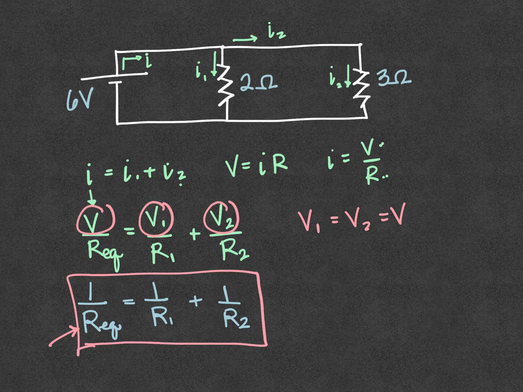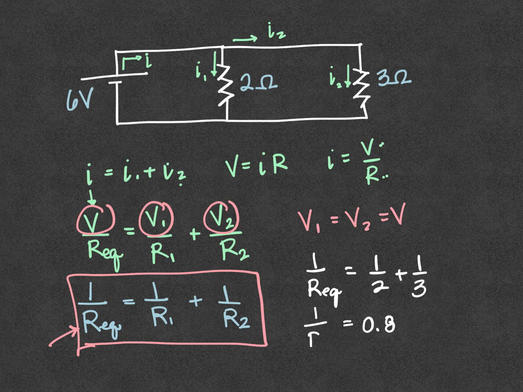So let's do that now. To find the equivalent resistance, we're going to say 1 over Req is equal to 1 over 2 plus 1 over 3. So 1/2 plus 1/3 is about 0.8, and that would be equal to 1 over Req, the equivalent resistance.